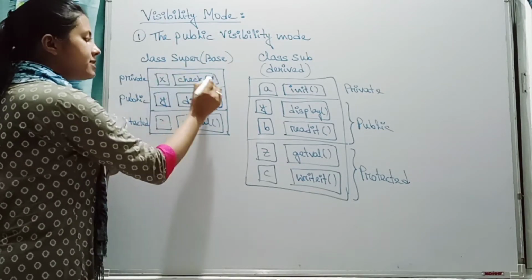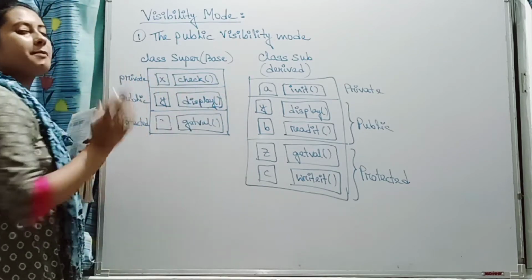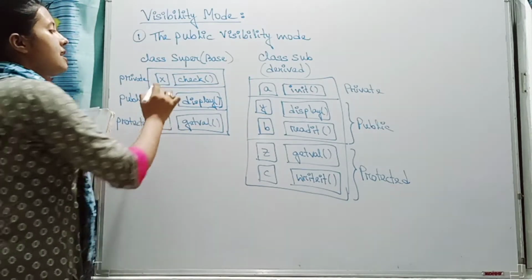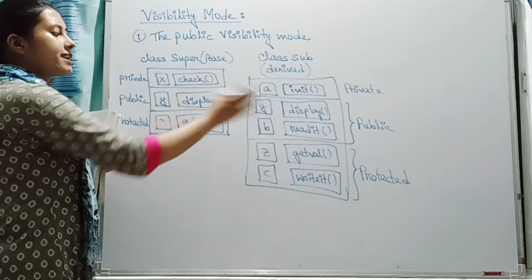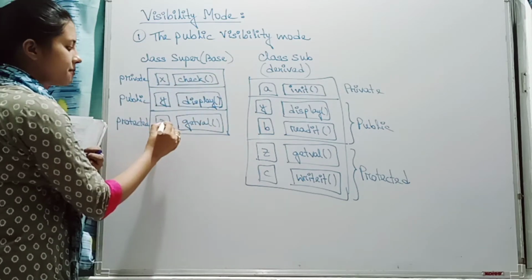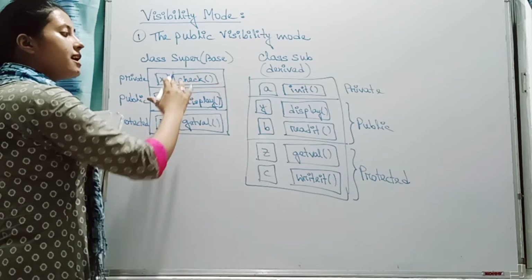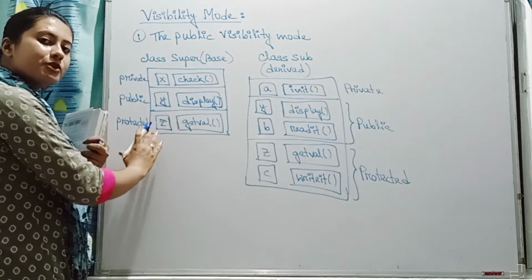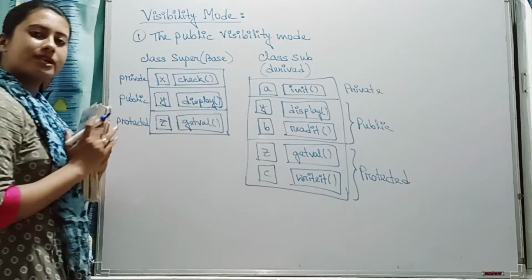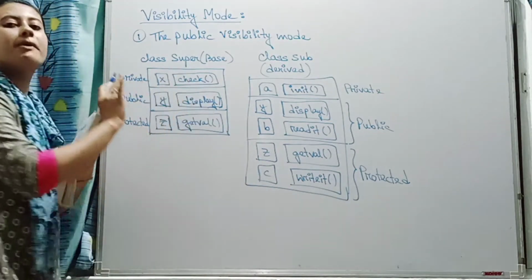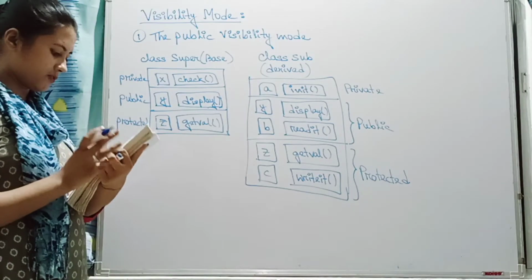We cannot derive the private data members and member functions. Means the private members are not accessible. The public members and the protected members are accessible. Okay. So the public member will be accessed in the public section and the protected member will be accessed in the protected section. And the private member cannot be accessed. You remember this one. Okay.